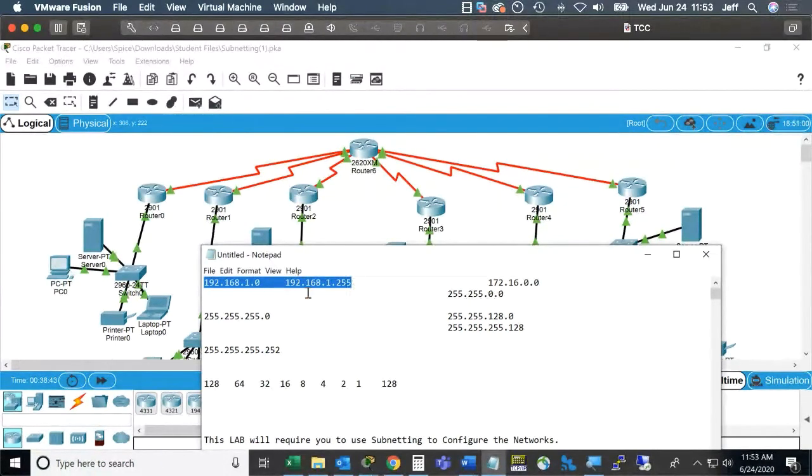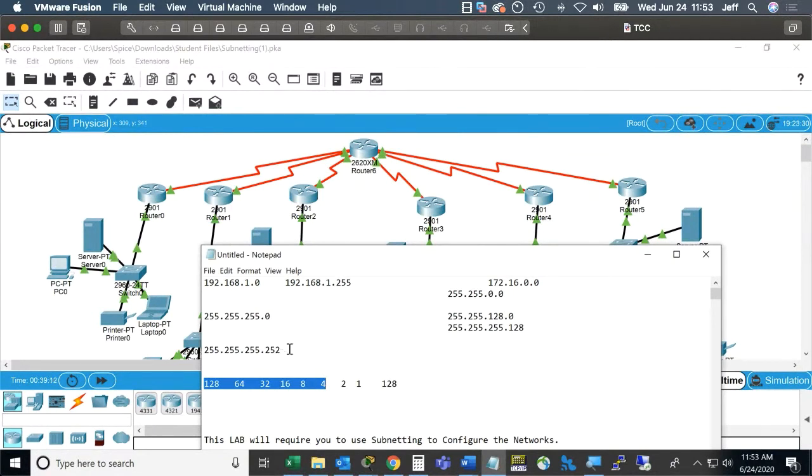This was our original 256 IPs, 0 to 255. Now if we did this and we broke it up, right? If we did all the way down to here, we're taking 1, 2, 3, 4, 5, 6, right? So we have 2, 4, 8, 16, 32, 64 networks with 4 IPs on each.